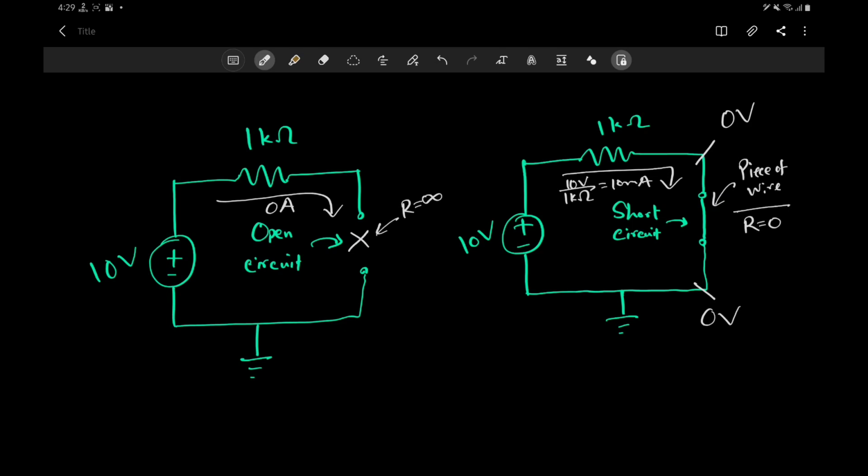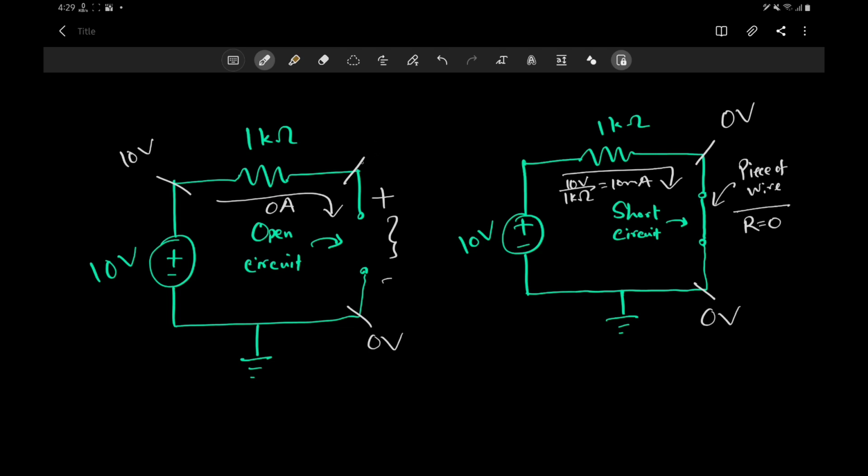In the open circuit case, this is exactly opposite. We have no current at all, but there can be a voltage difference here. And what is that voltage difference? Well, let's see. We have 0 volts here, and on the left we have 10 volts here because of the voltage source. And what's the voltage of this location?